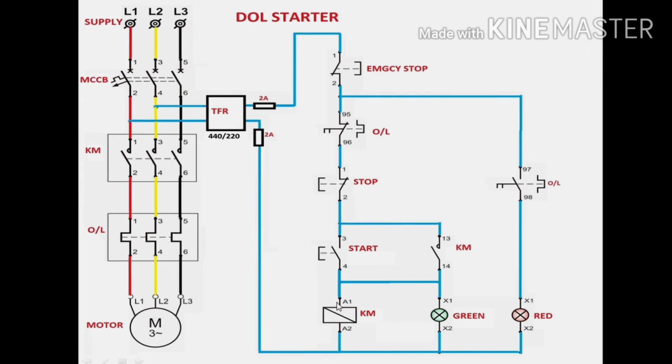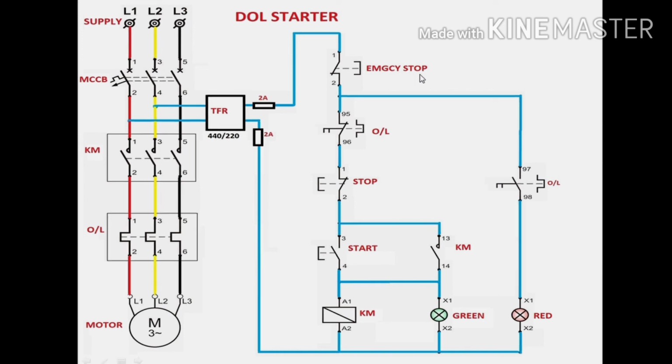The motor will stop, and the NO contact will close and the red light will glow, showing that the overload relay energized, that is, the motor is in overload condition. In case of any emergency we can stop by pressing this button. This is the starting and stopping of the DOL starter.